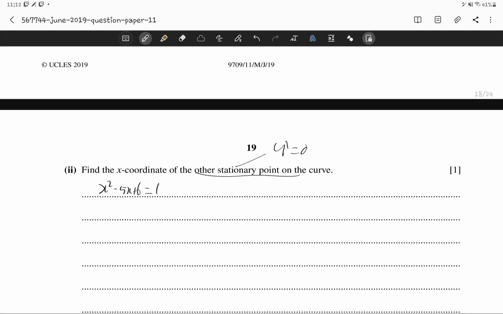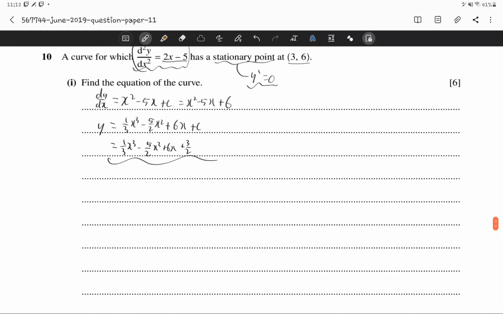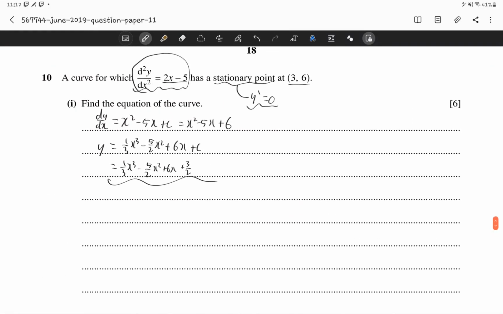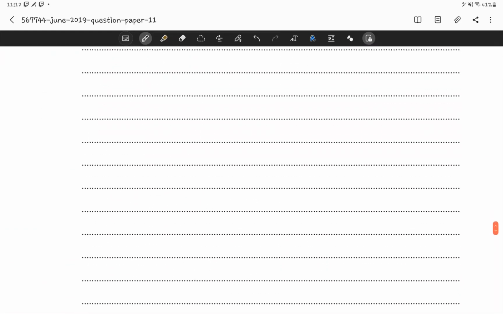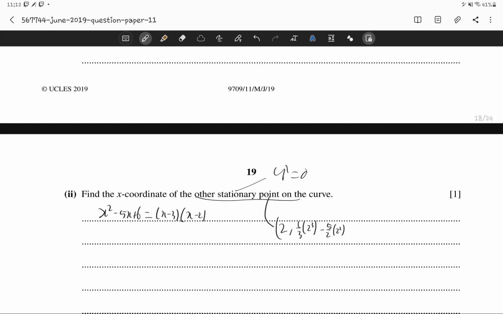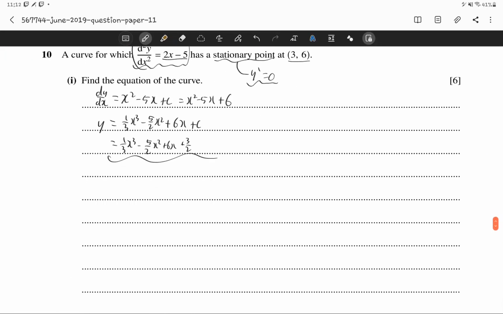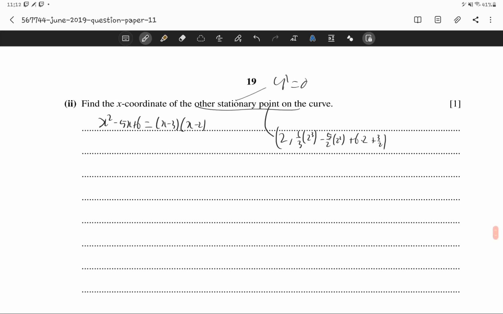And the question already gave us that this is true, so this point would be 2 comma, put 2 in. Yeah, okay. I'm not sure if you get lower marks if you do this, but it's still the same value.